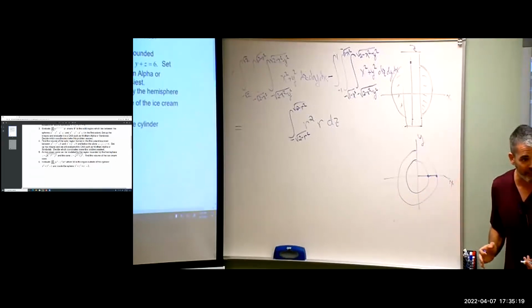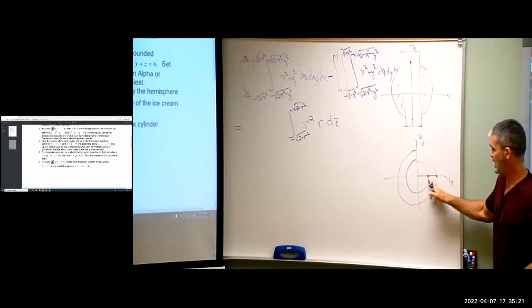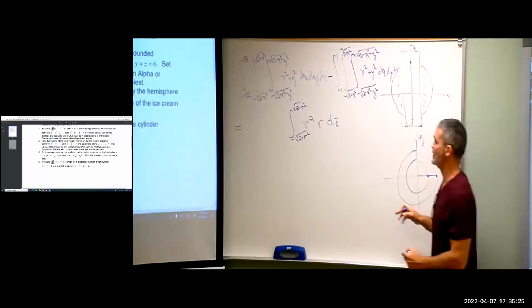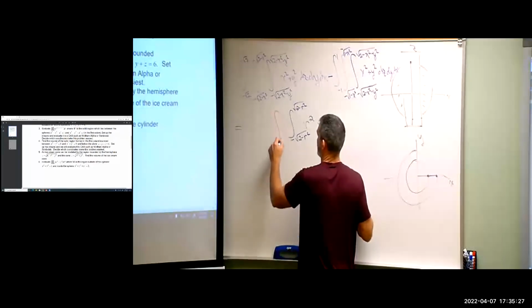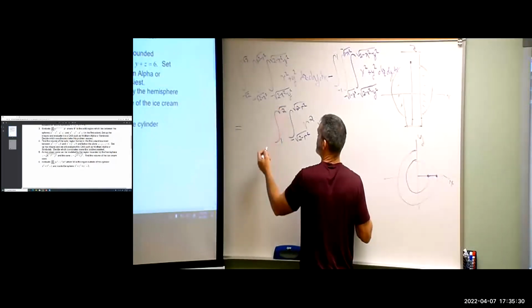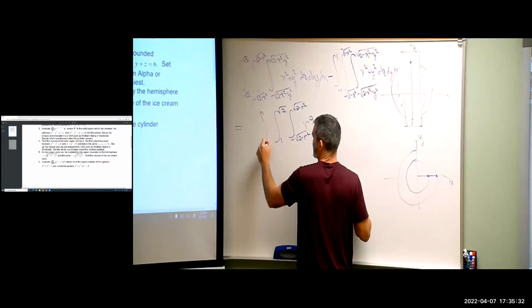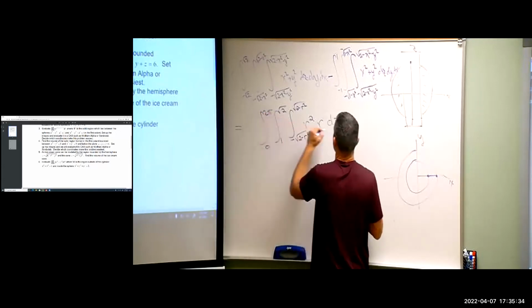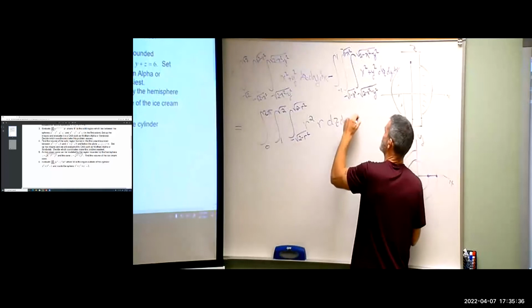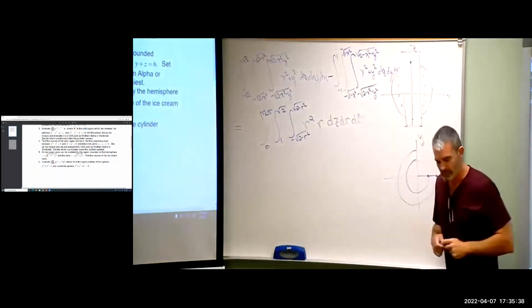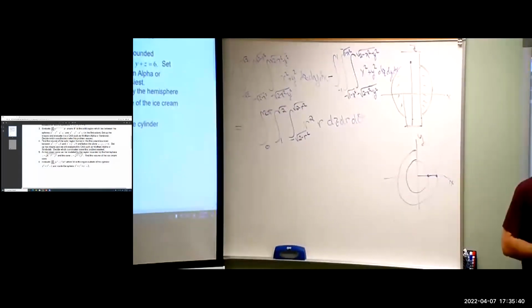Not a big deal for r because it's just the radius of the cylinder, which is 1, out to radius square root of 2. So 1 to square root of 2, and then theta will take us around. Much easier than rectangular, I think we'll all agree. Questions about that setup?